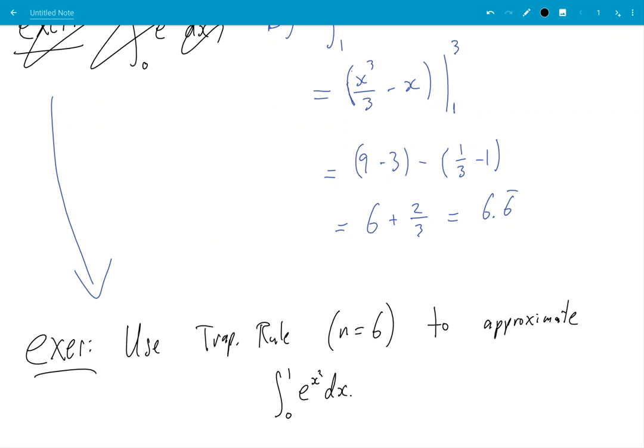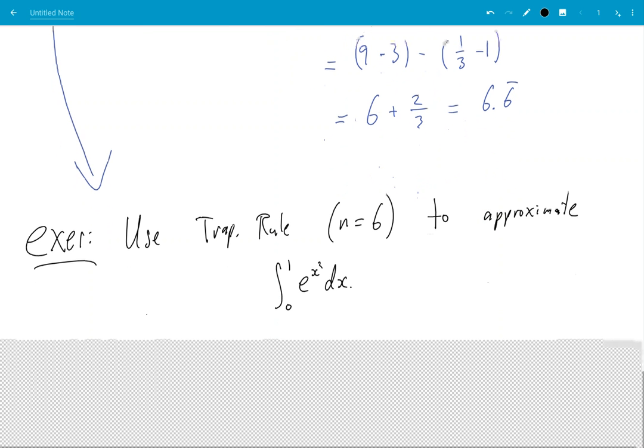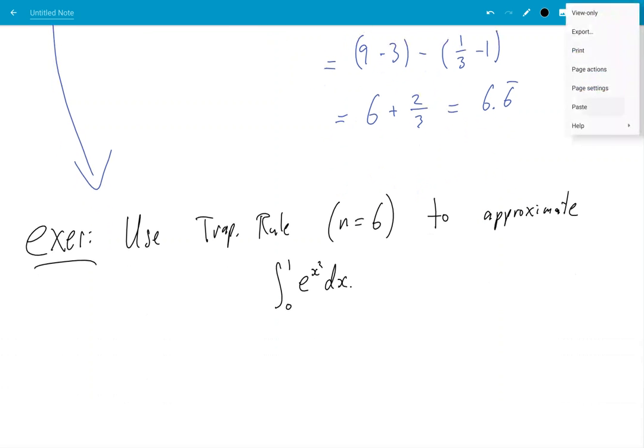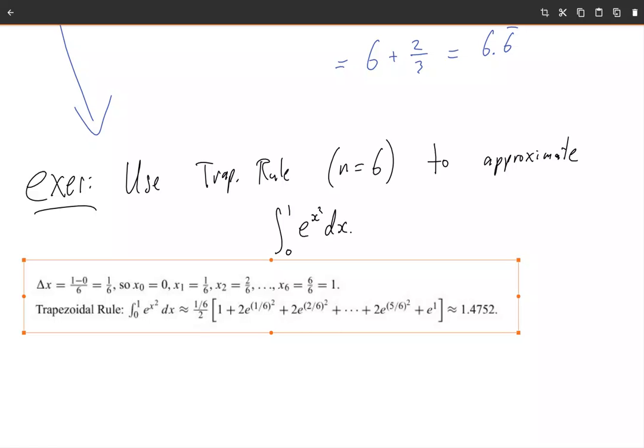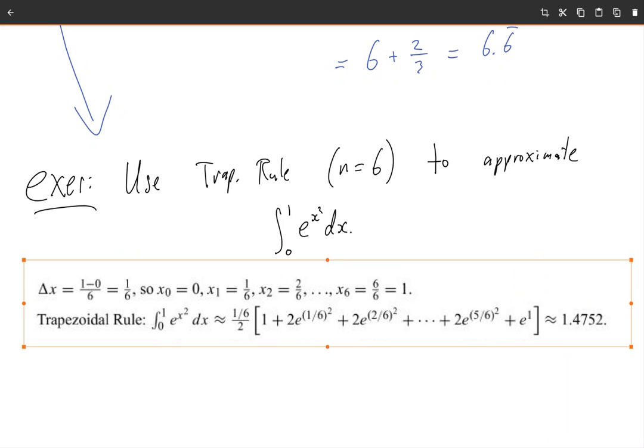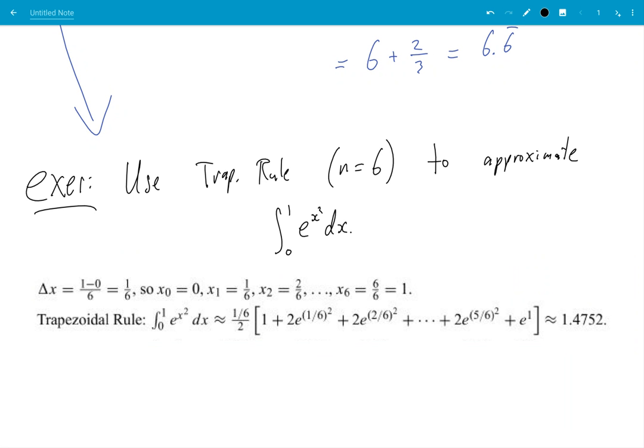Found it. Okay, here it comes. Bam, solution. So hopefully you got something close to that. If not, let me know during class.